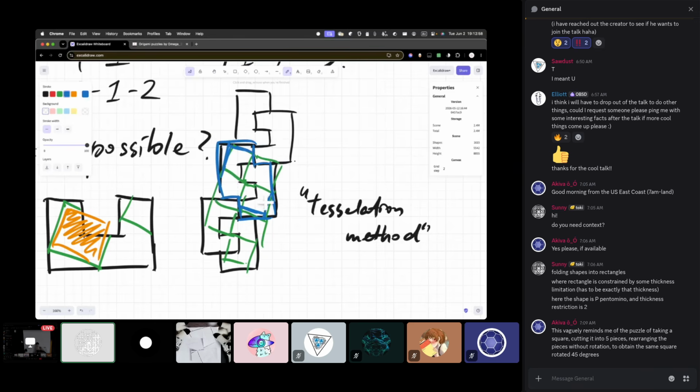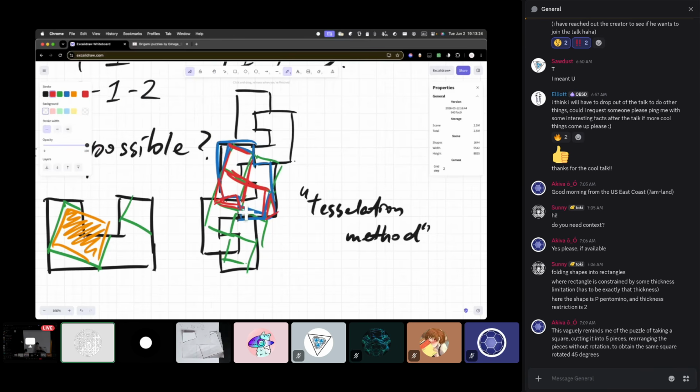Essentially, if I fold this along this line, then I can get this to translate over to here. I can get this to translate over to here if I fold along all of these lines.